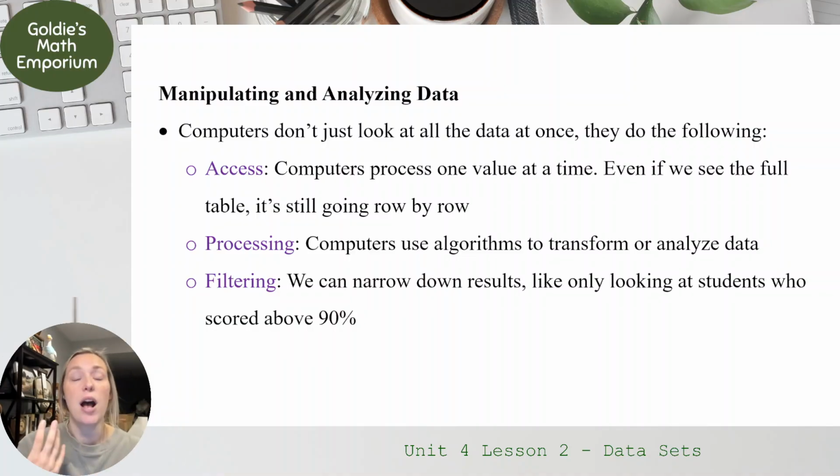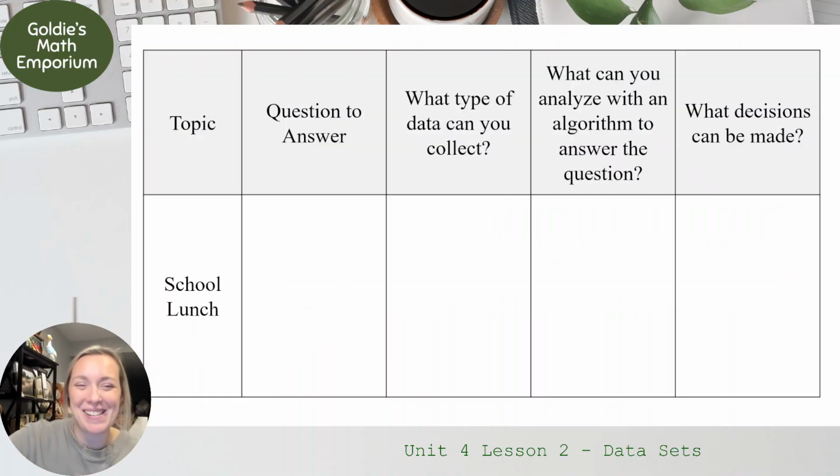Computers are really good at filtering data and filtering data with a purpose in mind. Okay. So here are 4 examples that I have looking at data sets. When we look at a topic, what question we can answer, what type of data we can collect to answer that question, what can we analyze with an algorithm, and then what decisions can be made.